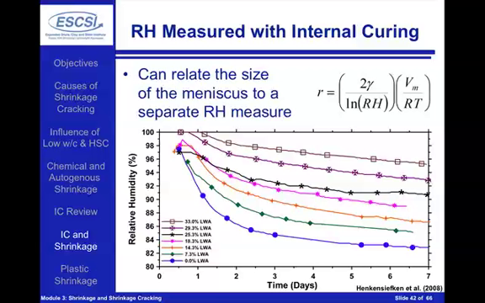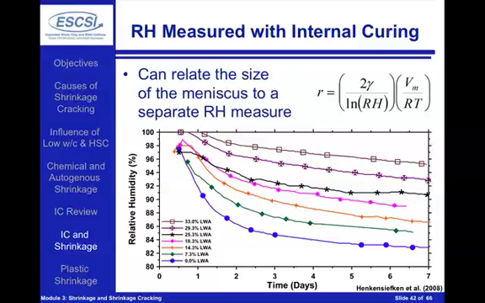As we go from our plain system, shown in blue, up to the correct amount of internal curing water to match the chemical shrinkage, shown in black, or even slightly higher amounts, we can notice that by supplying that additional water, we keep more of the pores filled up with water.